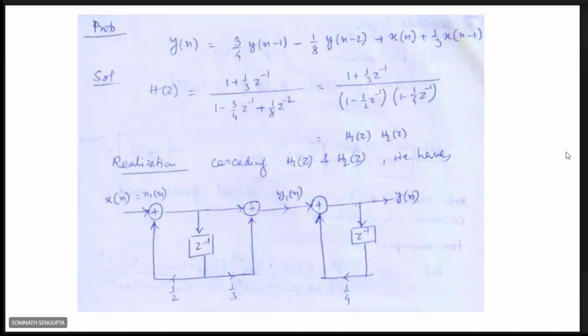There are different delays in the output, yn minus 1, yn minus 2. So this is recursive. So recursive system means what, FIR or IIR? IIR, yes. We discussed this earlier.